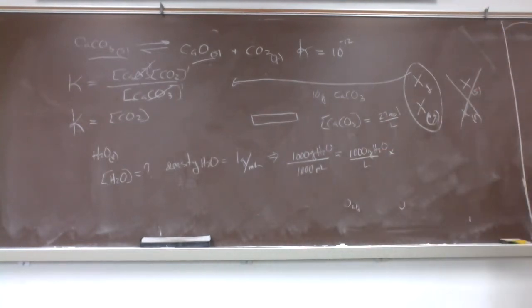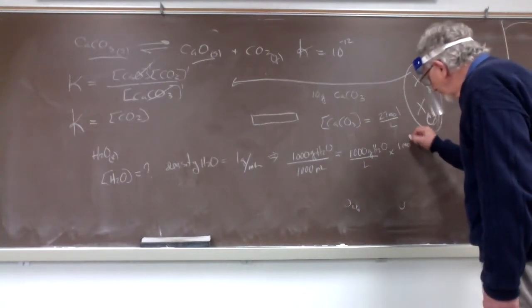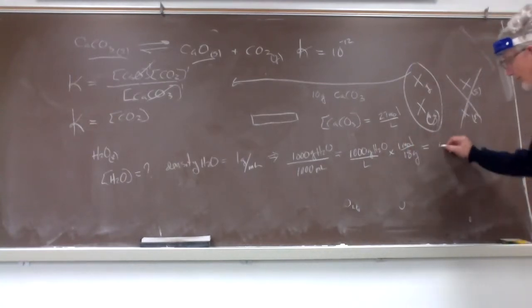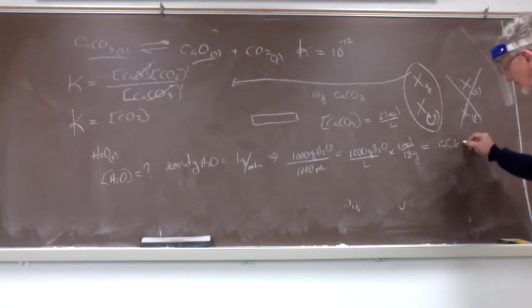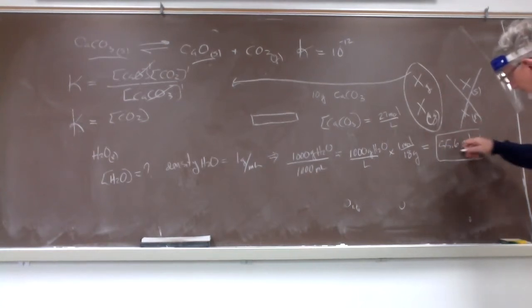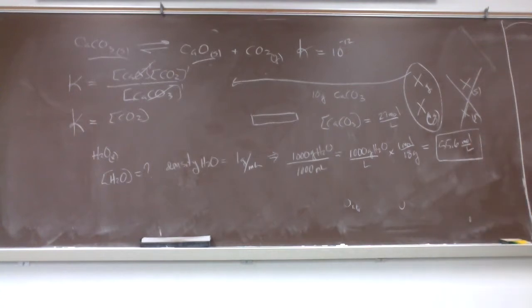Convert the grams of water into number of moles. There is 1 mole of water for every 18 grams. And you come up with 55.6 moles per liter. That's the concentration of water.